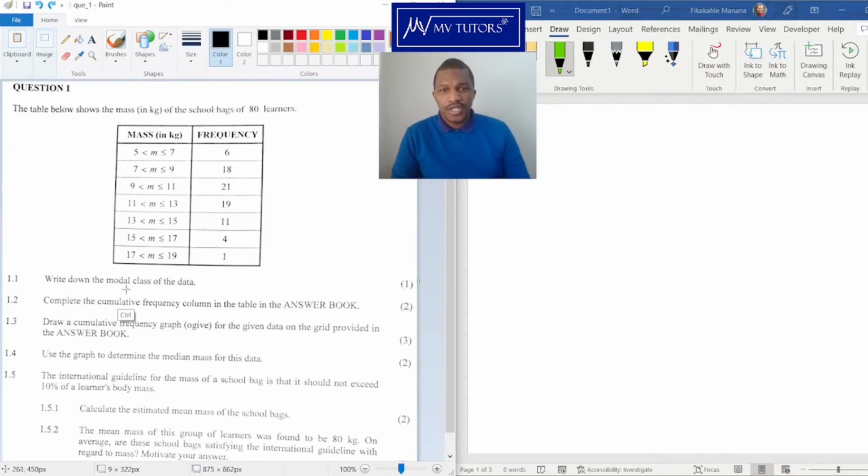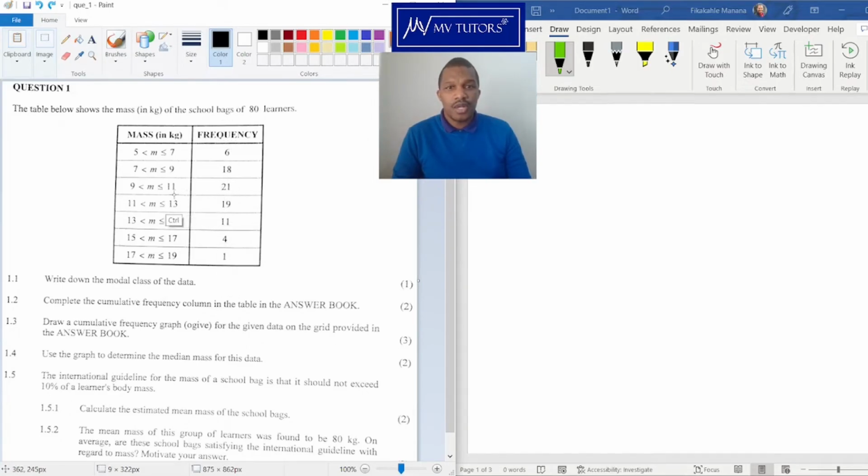The first question says write down the modal class of the data. If you know anything about mode, we are talking about the frequency that is showing the most. So if we look at the frequency, the biggest frequency is 21.